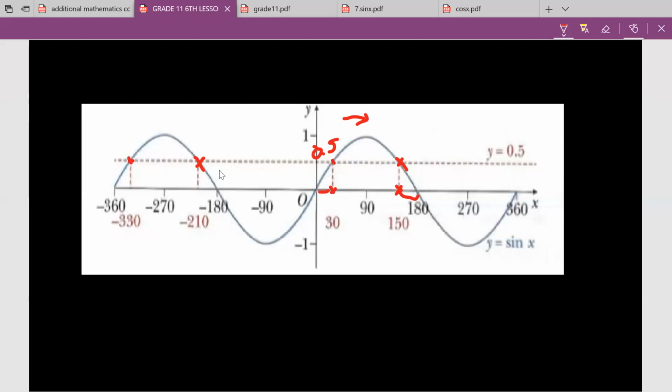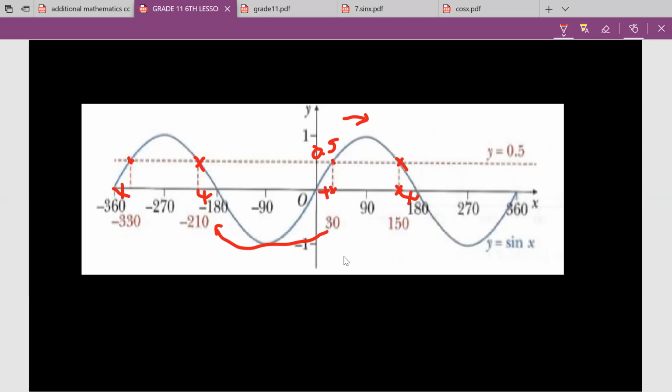So here is also symmetry. When you add 180 to 30 for the negative part, it will give us negative 210. And from negative 360 degree, you can also use symmetry again. Here and here will be equal, using the symmetry.